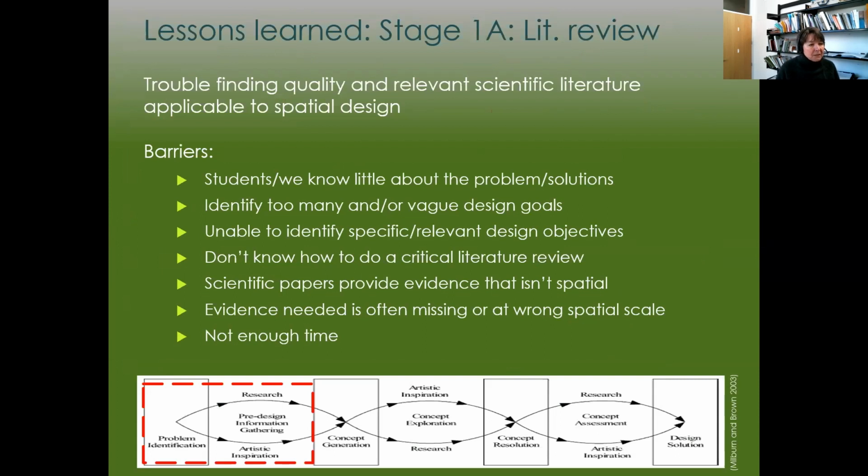So the first stage was the literature review stage. And this is what we found, that the students had trouble finding quality and relevant scientific literature that was applicable to the spatial design. And here are the barriers that we uncovered.